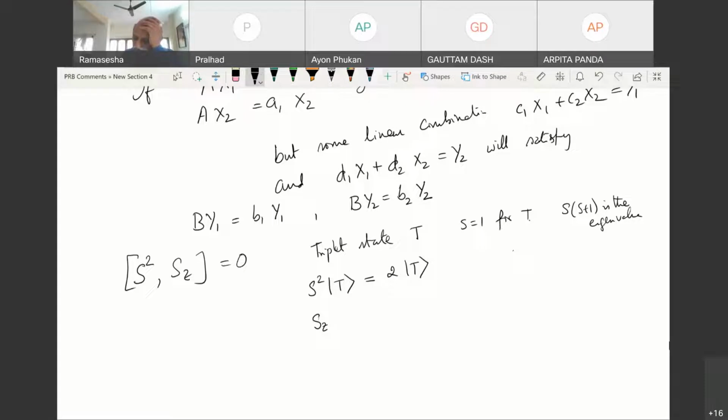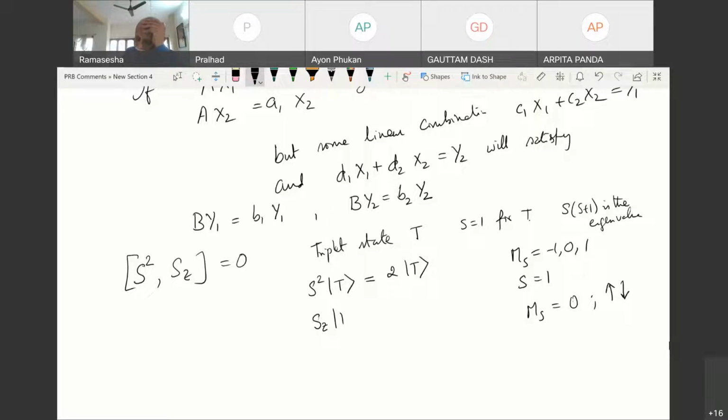Let me take Sz with Ms equal to 0, so up down, two electrons, that is Ms equal to 0, right? Sz with up down gives me 0 times up down, right?